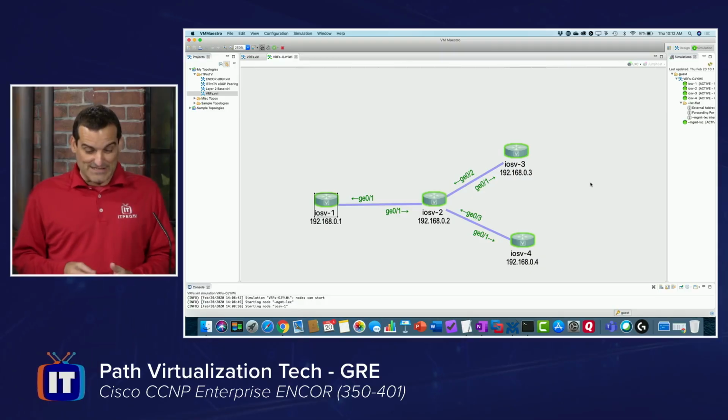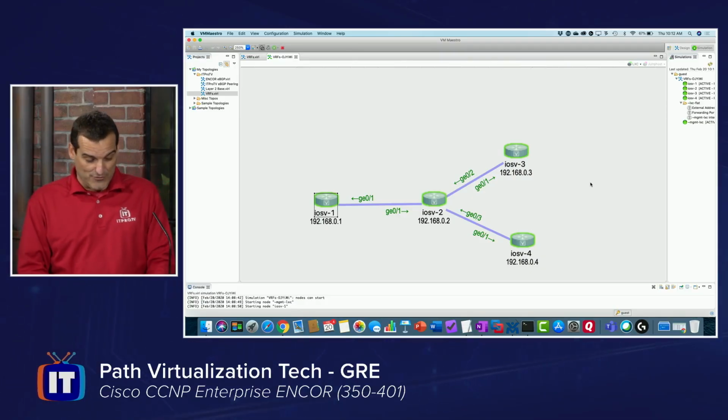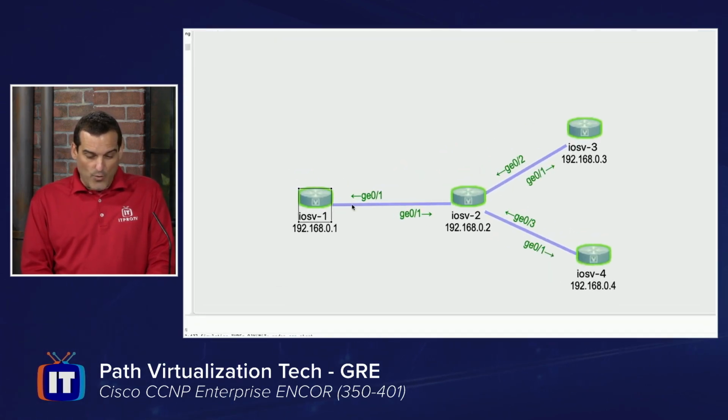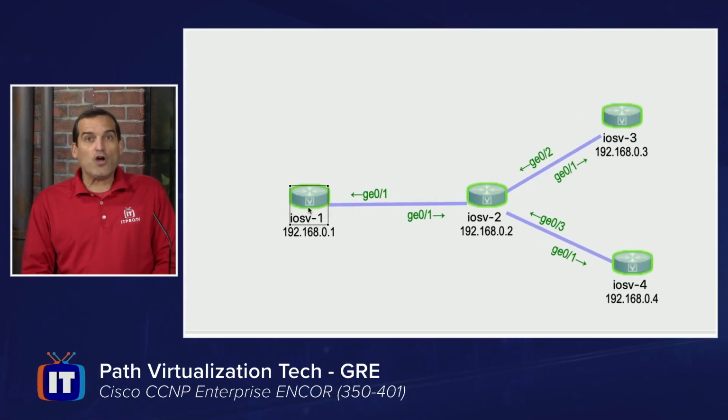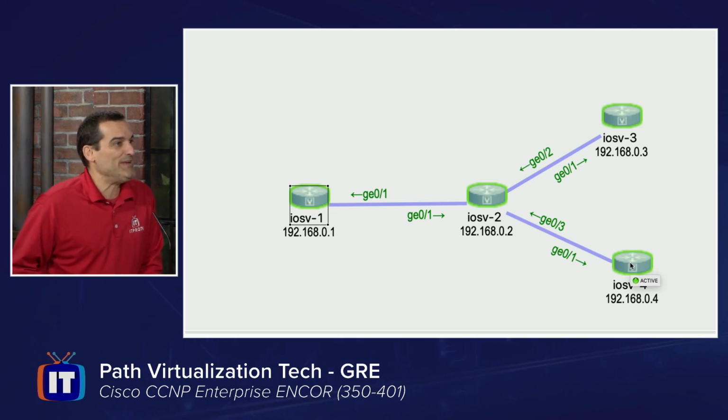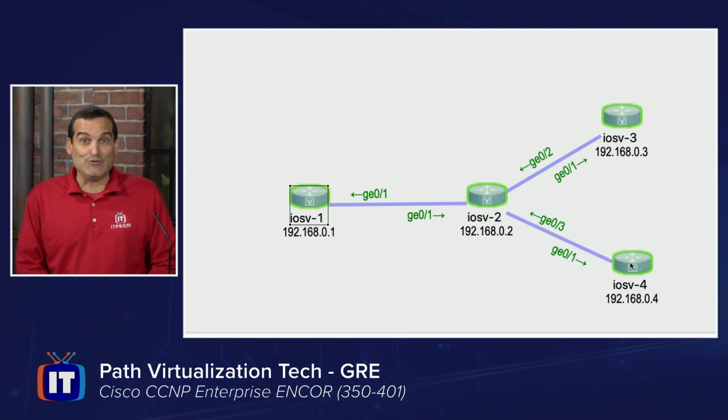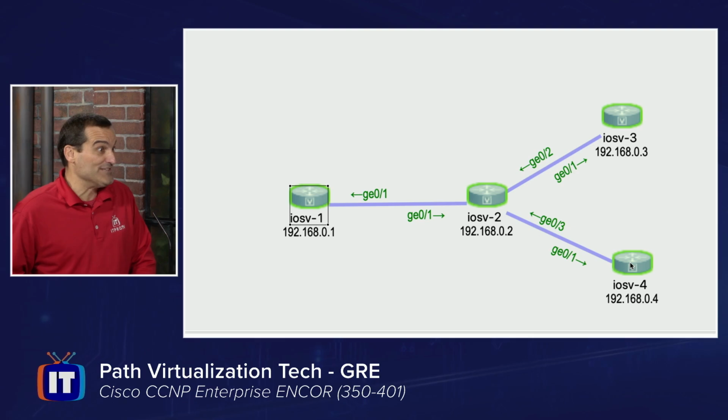You're in an exam environment and they show you a topology. Let's take a look at this little sample topology I have right here, Ronnie. They go, all right, Ronnie, we've got a weird one for you. R1 needs to EBGP peer with R4. And you can't use the EBGP multi-hop command.